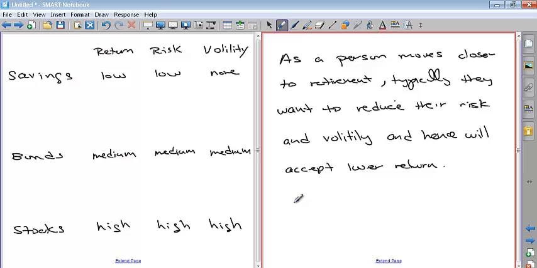So one way to do that is to just do it manually yourself, but there are target date funds.